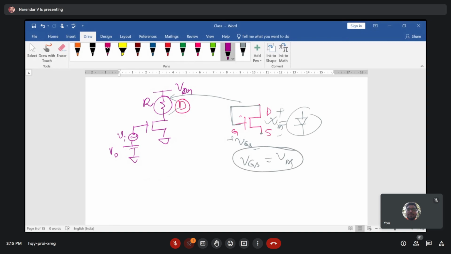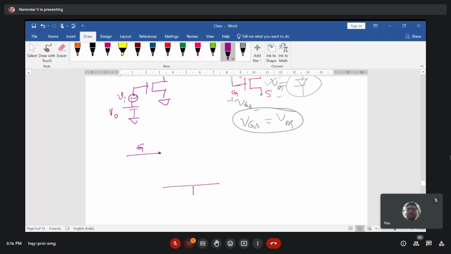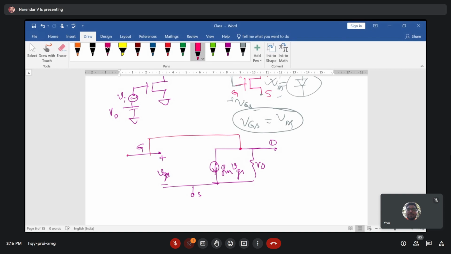Now if you draw this small signal model for this diode equivalent MOSFET, this is your gate terminal, this is your source terminal, negative, and here positive, which is VGS, and here you have GM times VGS, and this is your R naught, this is the drain terminal, right? What we have done in case of the diode connected load is that the gate terminal is connected to the drain terminal, so these two are shorted. Now if you short these two, what is going to happen?